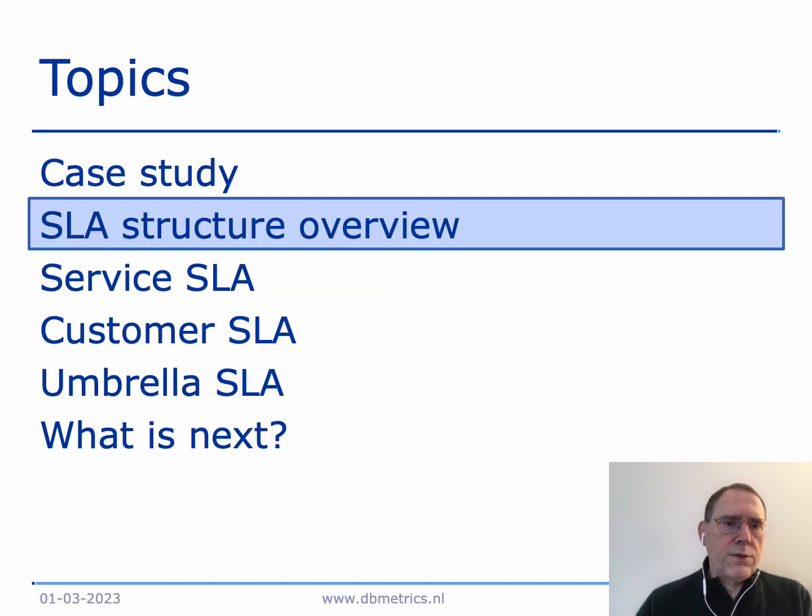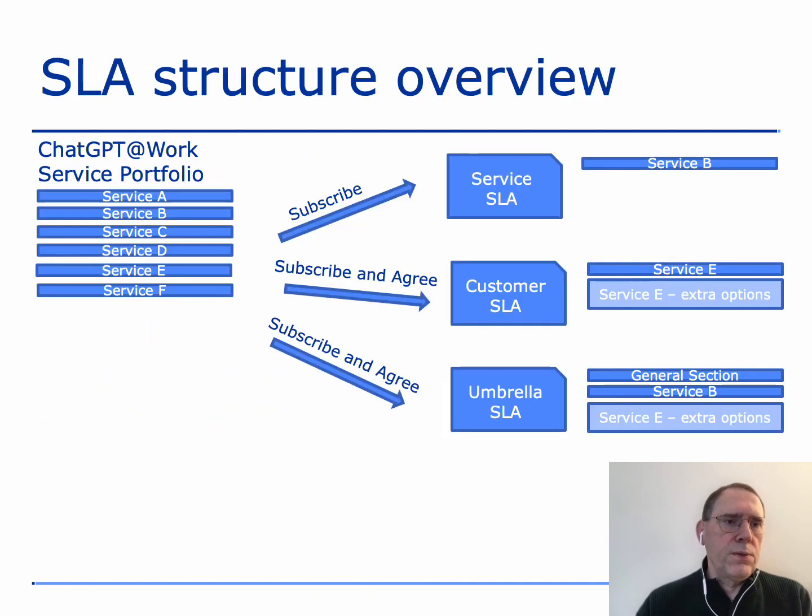So first of all, we have to talk about the SLA structure overview. When you look at the SLAs, you will find out that there are 3 types of SLAs. You have an SLA for a service. That means that the SLA is only providing the agreements for one service.